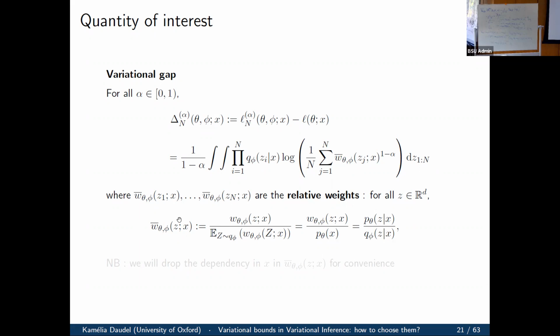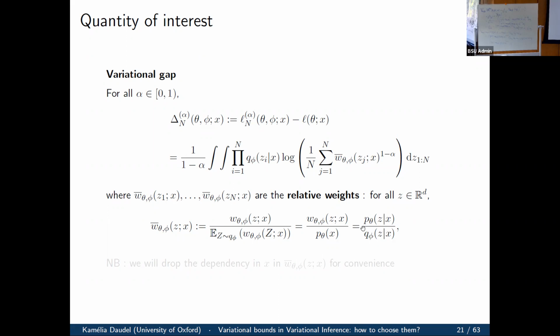So it's something a bit minor, but in fact, those relative weights are the ones that are going to appear in the rest of the talk. So just think of them as the normalized versions, so that they have expectation 1. And if you want to write down exactly what they are, they correspond to the posterior density divided by the variational approximation.